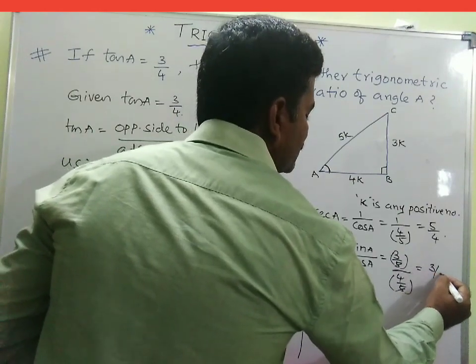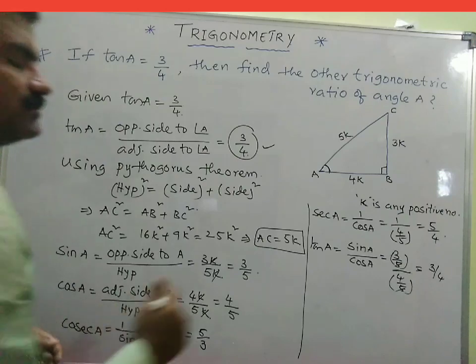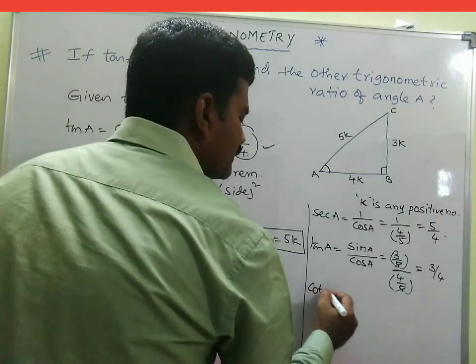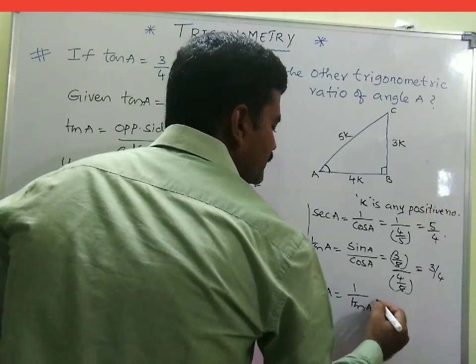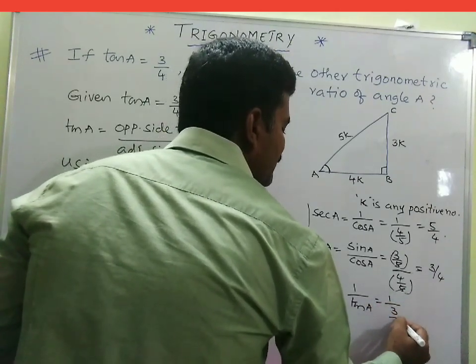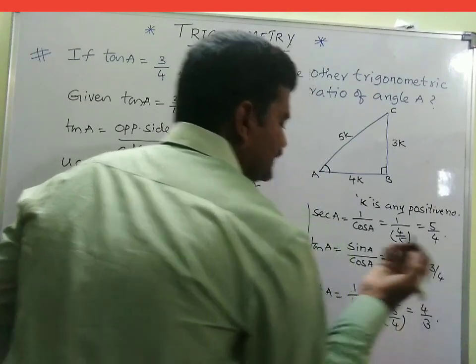Oh, of course, tan is already given, no need to find. So we actually need to find cot A. Cot A, I can write it as 1 by tan A. So 1 by 3 by 4, which is 4 by 3.